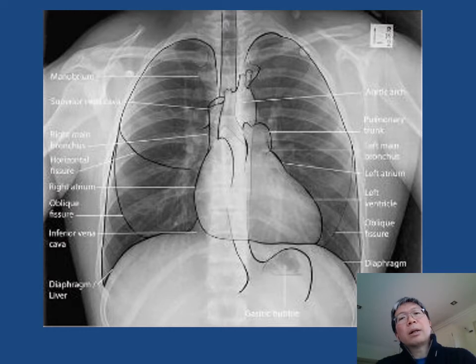The left lung is made up largely on the PA film by the left upper lobe, with a smaller proportion of the left lower lobe seen in the inferior region. Diseases that affect the lungs will often obscure the adjacent border of a structure, also known as the silhouette sign.